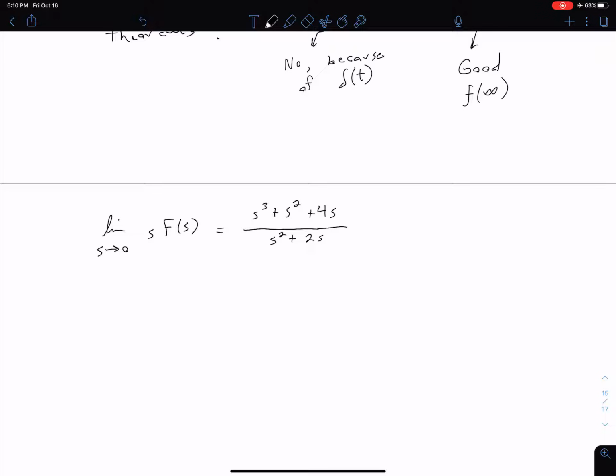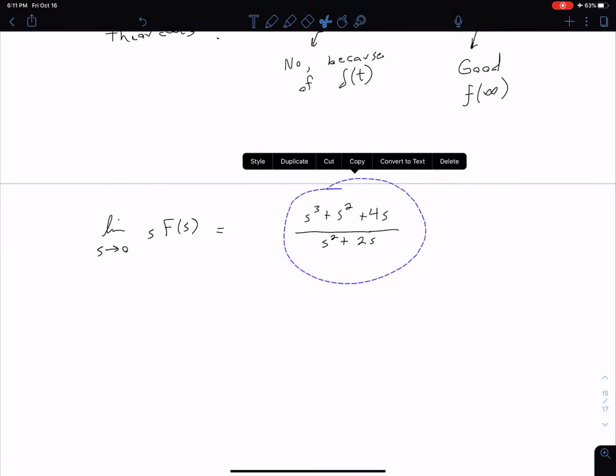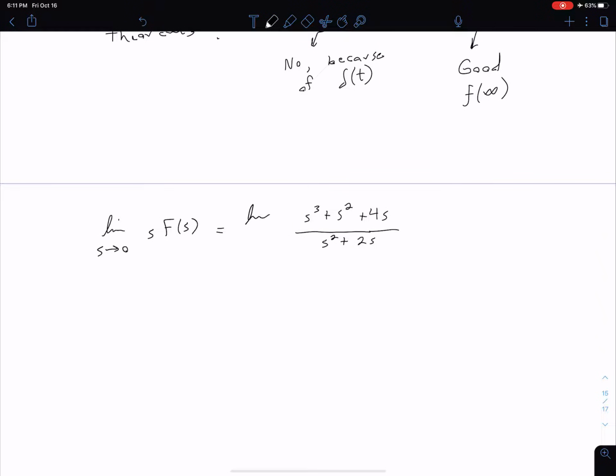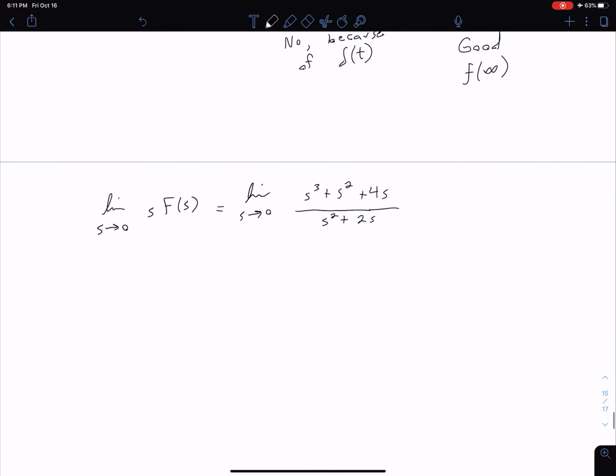Sorry, I need to have my limit over here on the right side as well. We just shift this over a little bit, and then this is the limit as s goes to 0. If we try to just plug in 0 everywhere we have an s, we just get 0 over 0. So that's not very useful information.